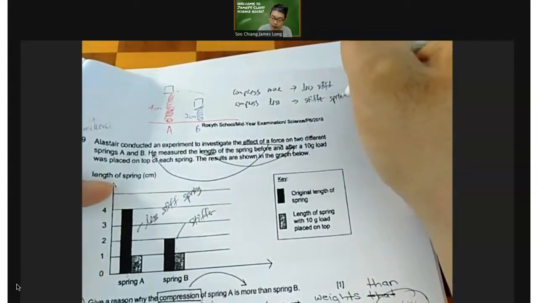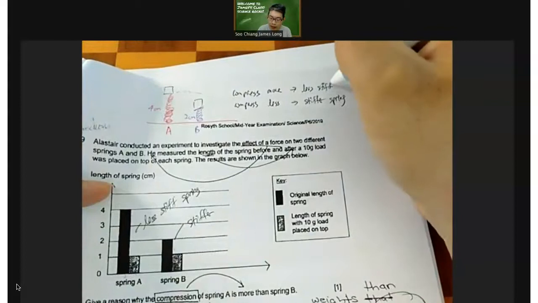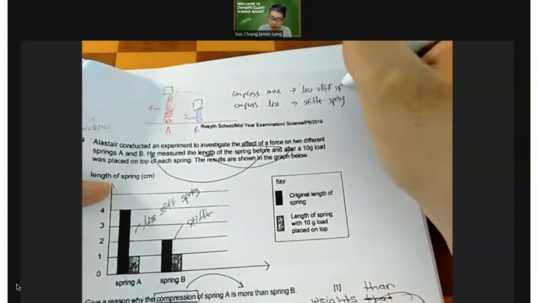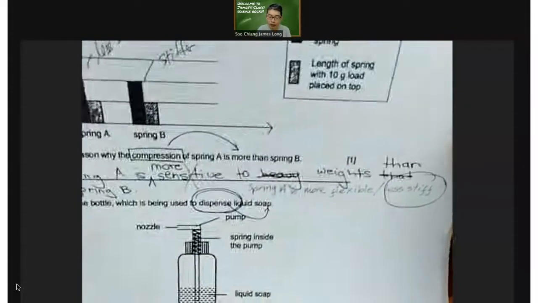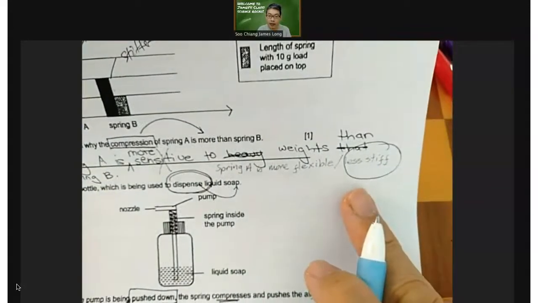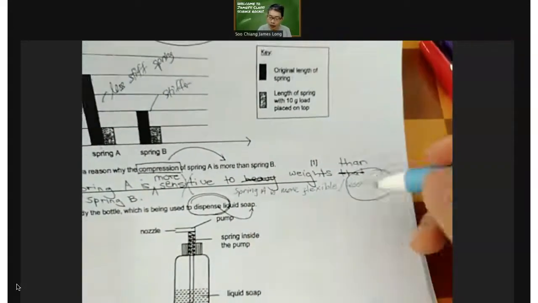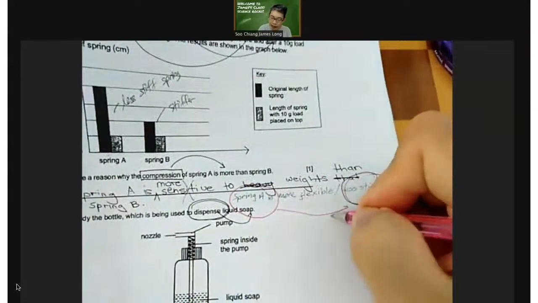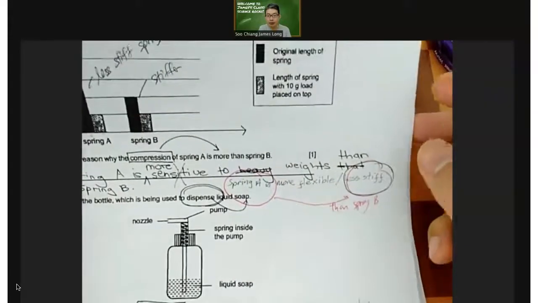Okay, this is a less stiff spring. So I will agree with the choice here, that spring A is less stiff than spring B. I prefer using that as the answer.